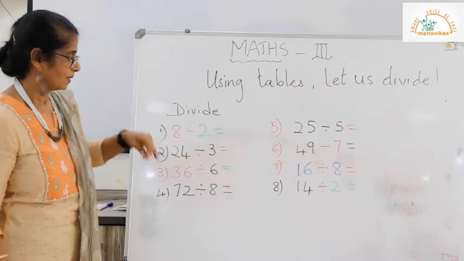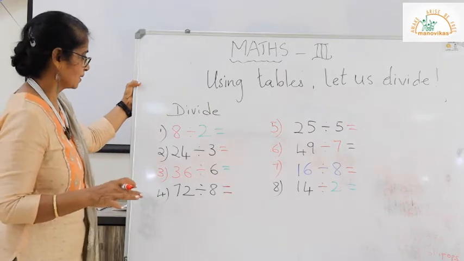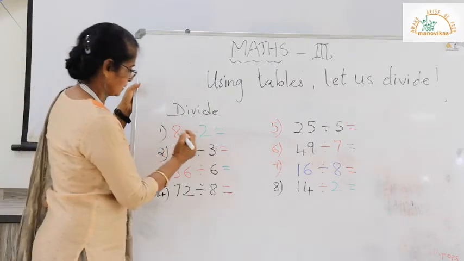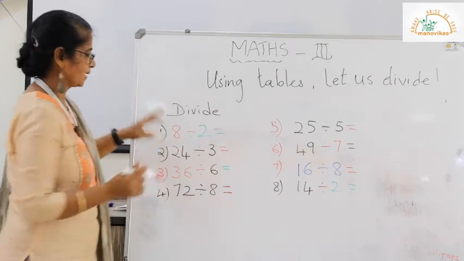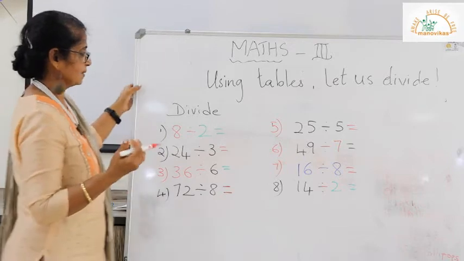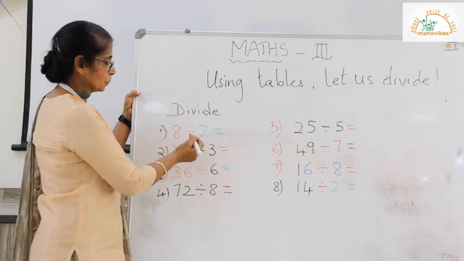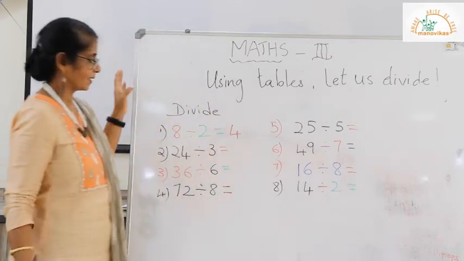Using tables, let us divide. I hope you know your tables. So let's start. 8 divided by 2. What is 8 divided by 2? You have to know how many times 2 goes in 8. So 2 fours are 8.